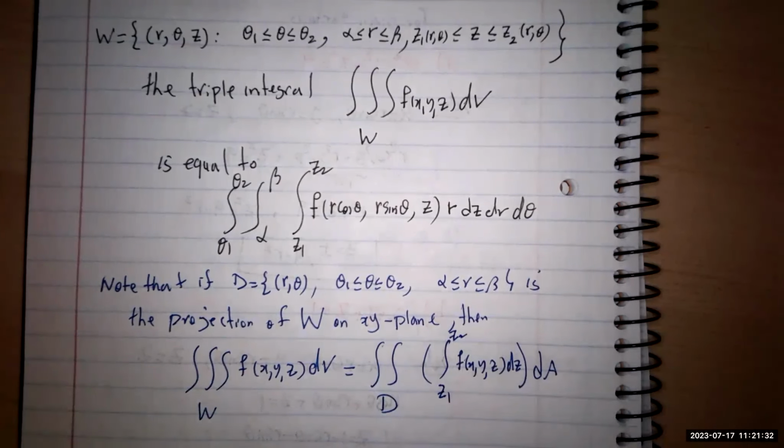So this means you take care of the z part first. The leftover is going to be polar coordinates. This part inside is just integrating with respect to z, and then the rest you can imagine is going to be in polar coordinates. That will help you quickly organize and set this up.